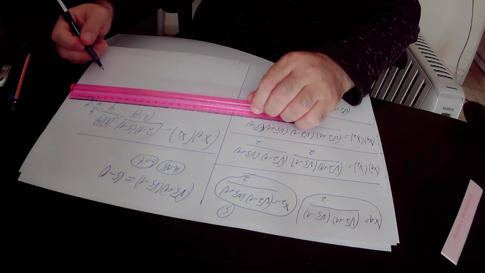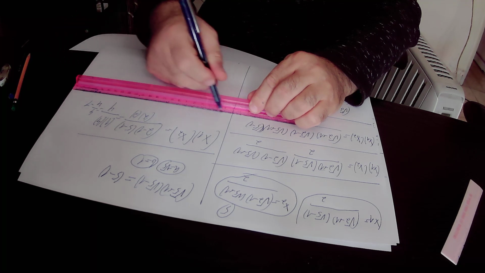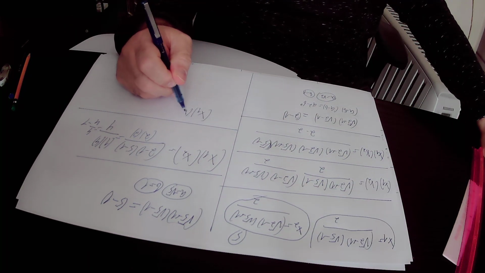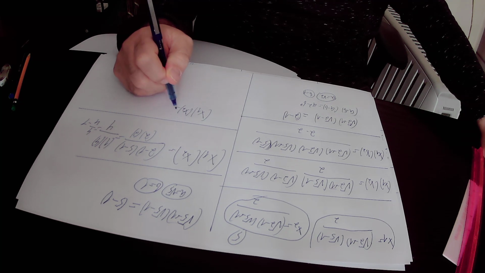So, in conclusion, we found out that x1 times x2 equals to 1.